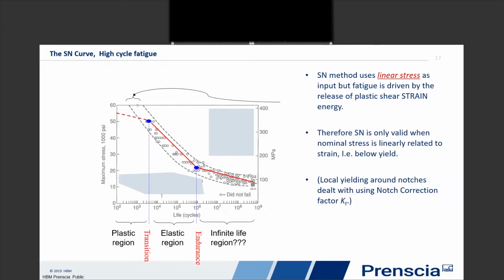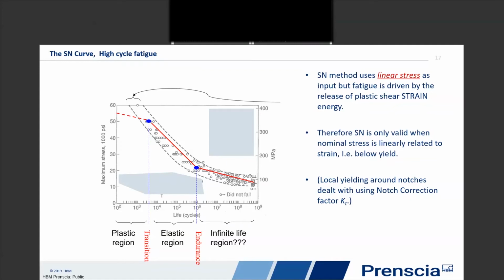And so the simplest curve that we run into, we call stress life, and here we're using a linear stress value that we measure or predict off our part. And the fact that it's a linear stress, we can only use that in places where the loading and the stresses are proportional.